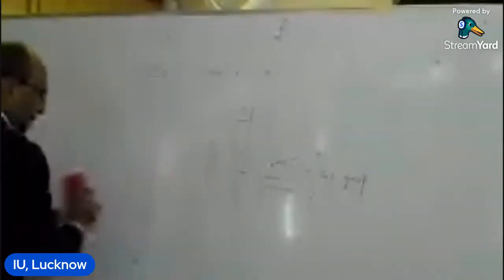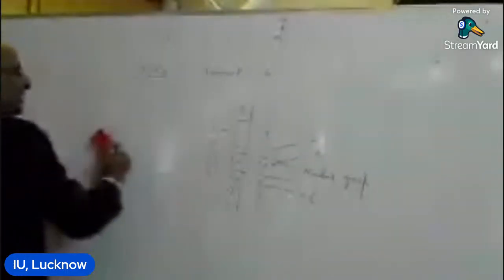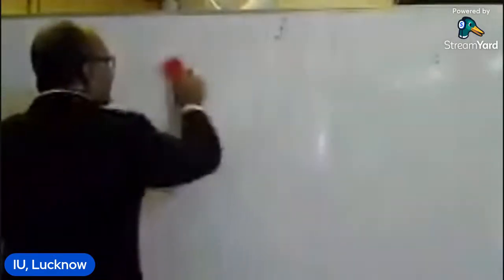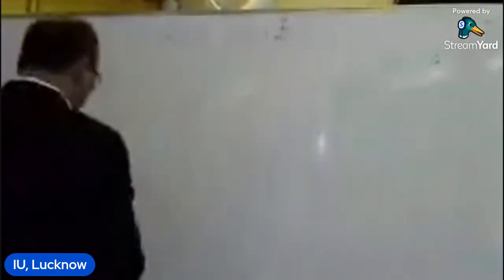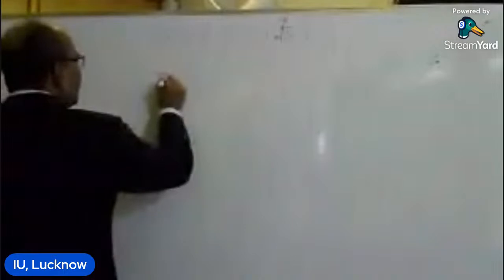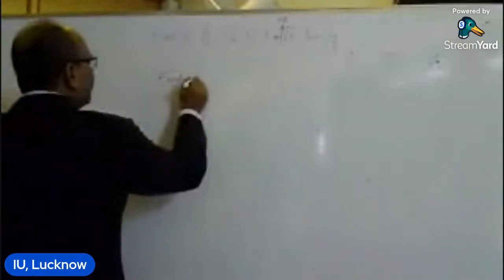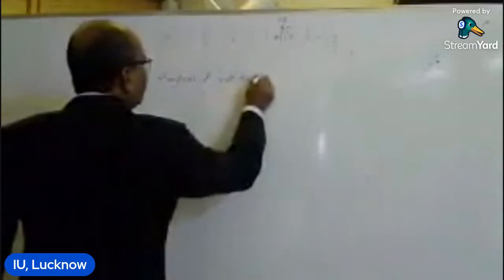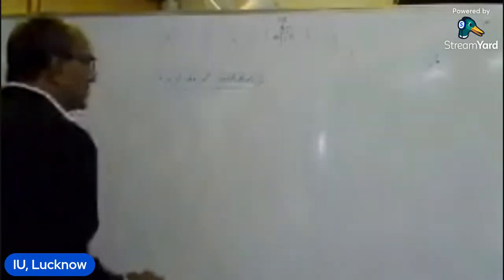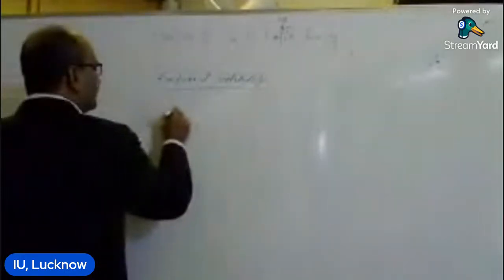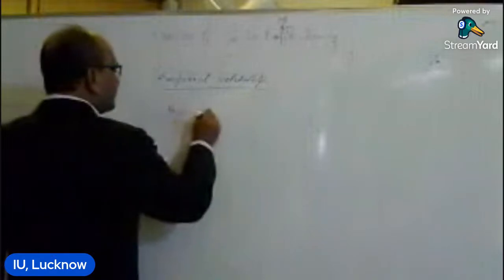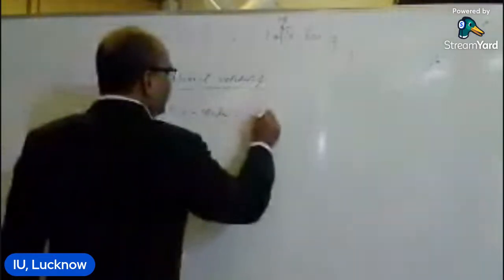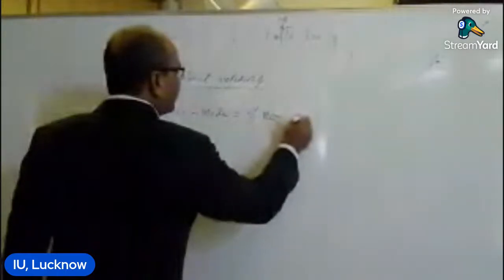Now the empirical relationship between mean, median, mode. This is not exact, but an empirical relation. So we can write here the empirical relationship among mean, median, mode: mean minus mode is equal to 3 times (mean minus median).